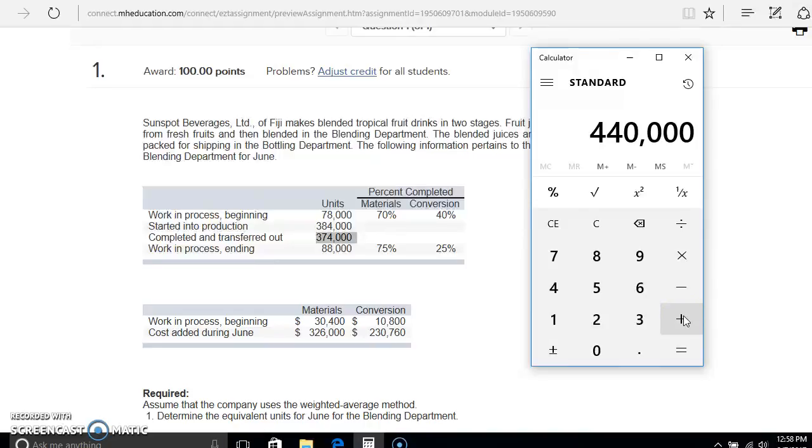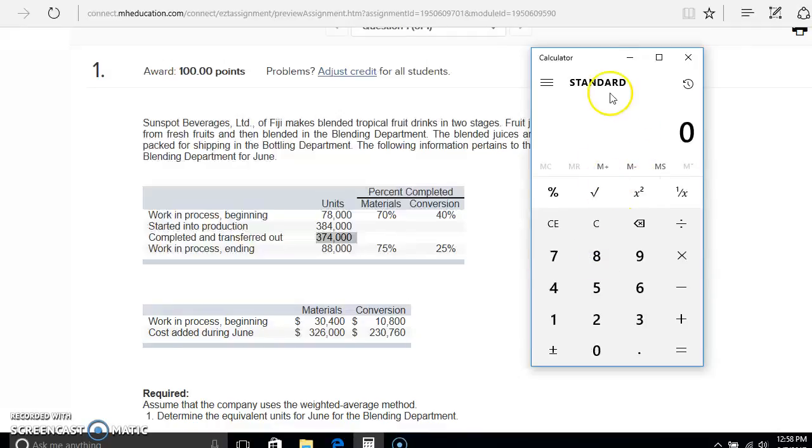Okay, so let's look at the conversion. For our conversion, again, we have 374 that were completed and transferred out. Now, we also have work in process, again, 88,000, but instead of being 75% complete with materials, they're only 25% complete with conversion. So it seems like they add most of the materials first and then do some sort of conversion that incurs costs.